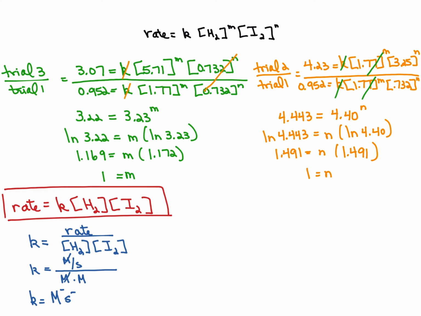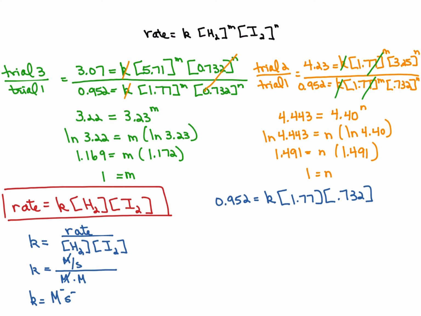Again, we take a look at our rate law equation. And I'm going to use trial 1 because it's the first number. So trial 1 has a rate of 0.952 equals K times the concentration of hydrogen, it was 1.77, times the concentration of H2.